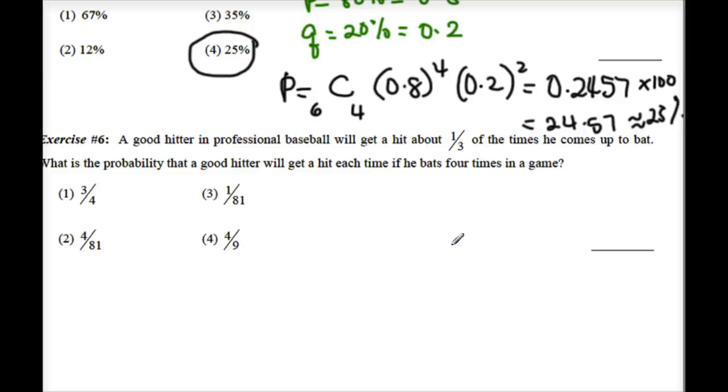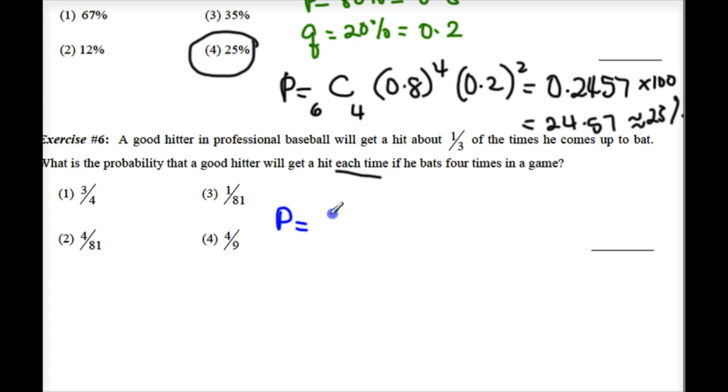Our last exercise before you go and practice on your own. A good hitter in professional baseball will get a hit about 1/3 of the time he comes up to bat. What is the probability that a good hitter will get a hit each time if he bats 4 times in a game? So it says each time, meaning he will hit 4 out of 4 times.